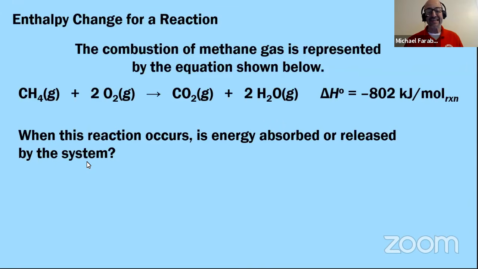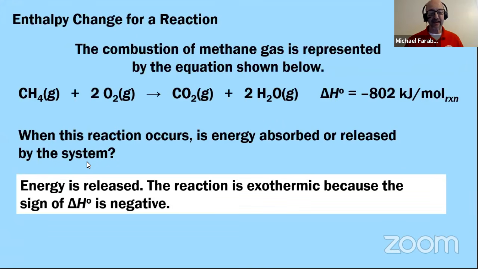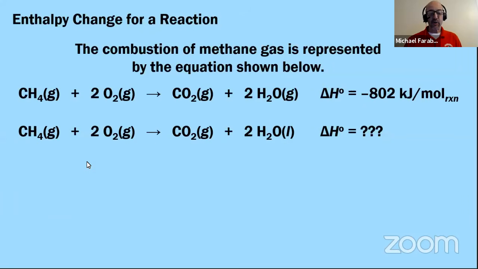So if we know that the negative delta H means it's exothermic, then energy is released. The reaction is exothermic because the sign of delta H is negative. Notice that we should pay attention to the phase of matter. So we have CH4 as a gas, O2 is a gas, CO2 is a gas, and in the first reaction I gave you, we have water vapor.